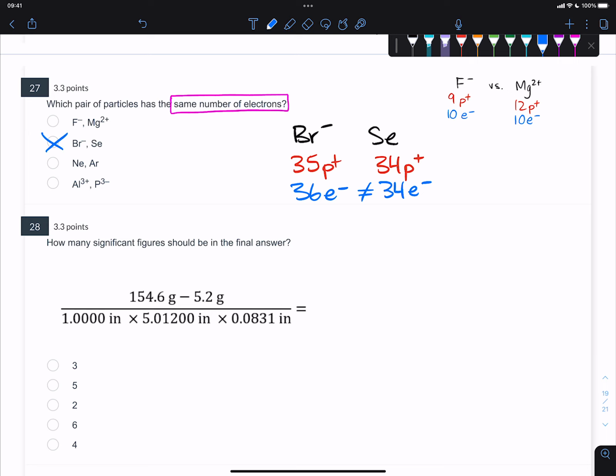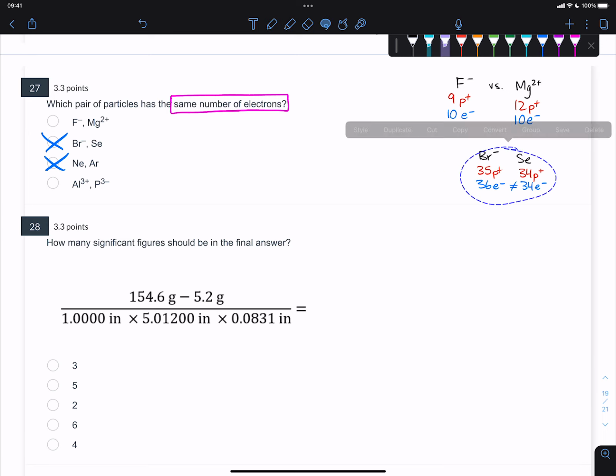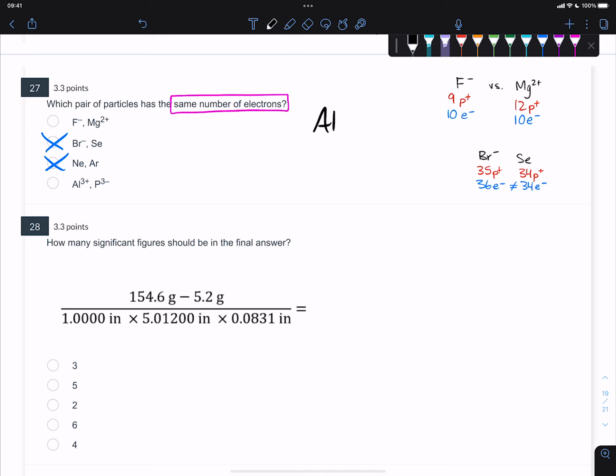Neutral neon and neutral argon clearly don't have the same number of electrons because they're just not even. And then Al3+ and P3-, probably worth seeing as well. Aluminum, with a 3+ charge, versus the phosphide ion with a 3- charge. Aluminum always has 13 protons, but it lost 3 electrons, so it would have 10 electrons.